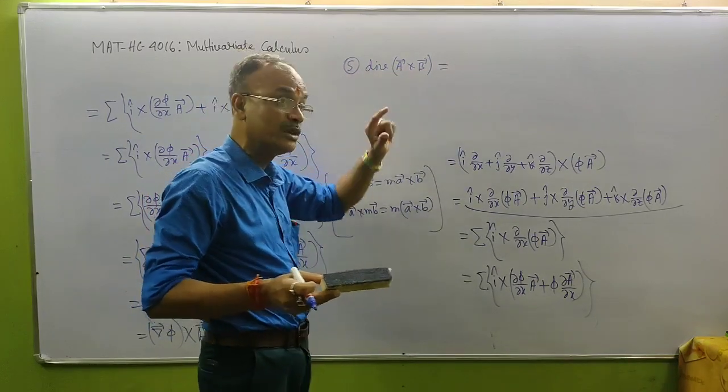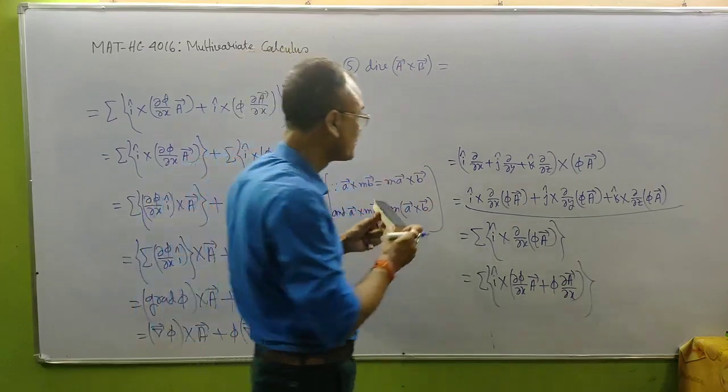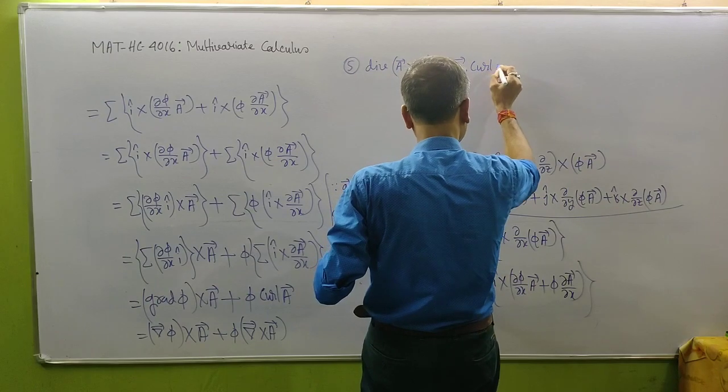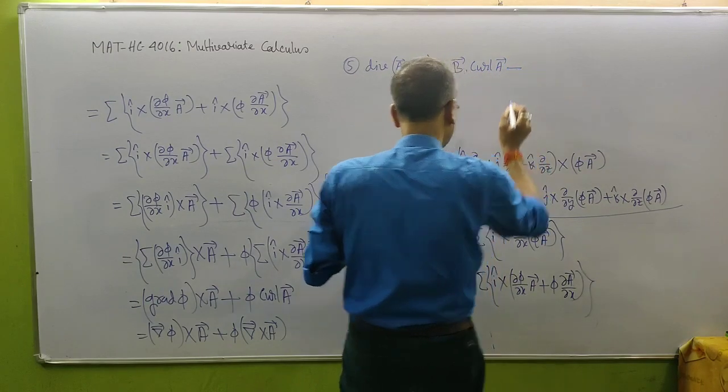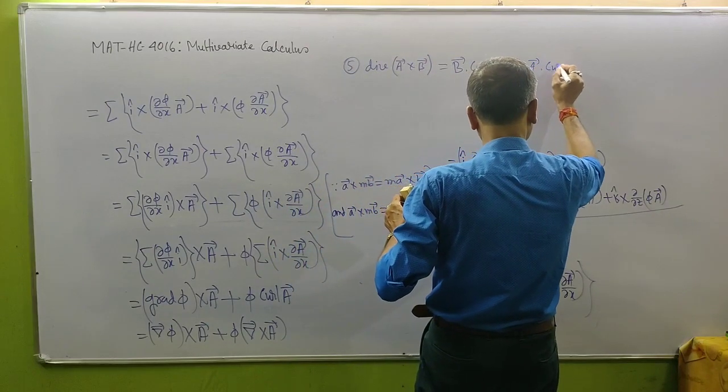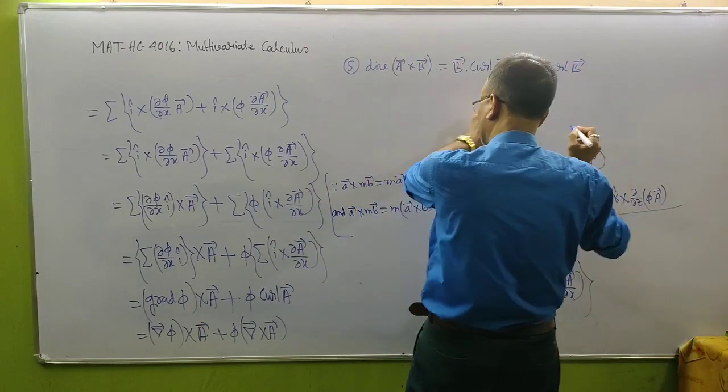Divergence of a vector quantity will be a scalar quantity, and the right hand side will again be a scalar quantity: B dot curl of A minus A dot curl of B vector. You will get this one.